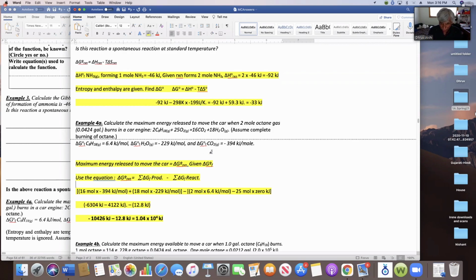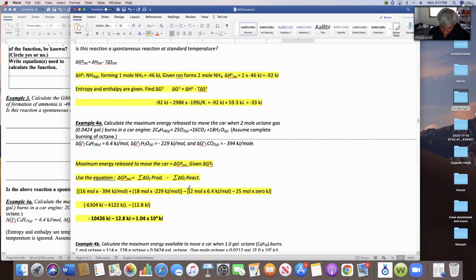Now we have 18 moles of water, and 1 mole of water is negative 229 kilojoules per mole. So 18 multiplied by negative 229 kilojoules per mole gives negative 4122 kilojoules. That's a negative number plus a negative number, 2 negative numbers together. Then minus; this is the minus here. Delta G of products is done.